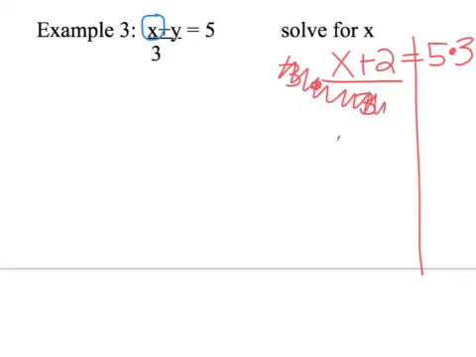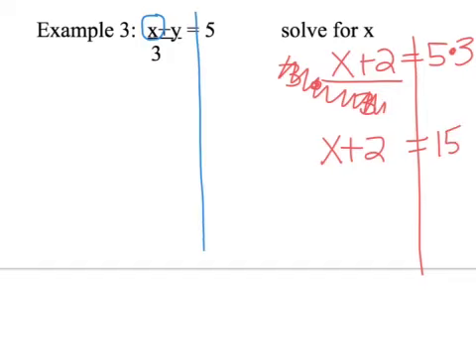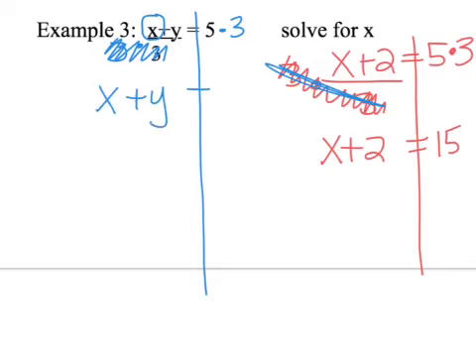The 3's will cross out, leaving us with the numerator, x plus 2 equals 15. So over here in blue, I also have a denominator of 3, so I'm going to get rid of that by multiplying by 3. The 3's cross out just like they did here, leaving me with my numerator of x plus y, and then 5 times 3 is 15.